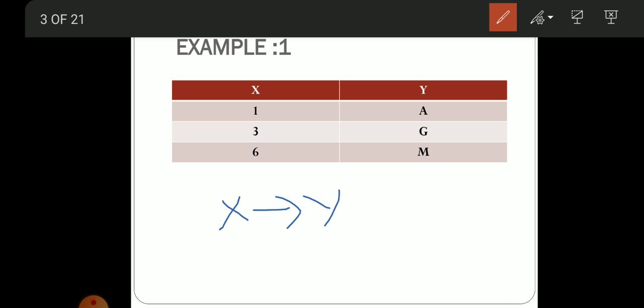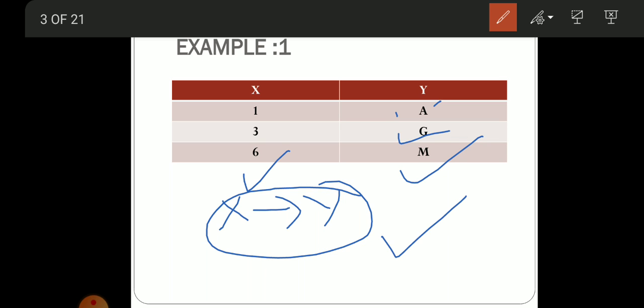So here the value of X is 1 and we are getting Y as A. Okay, no problem. And if we have the value 3, then the value is G. If the value of X is 6, then the value of Y is M. Then there would be no problem, right? Here we can say this functional dependency exists, like the previous one.